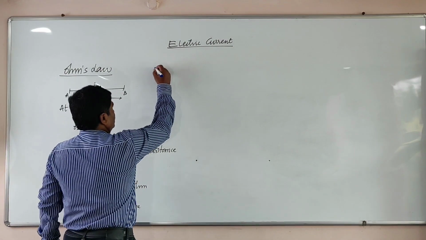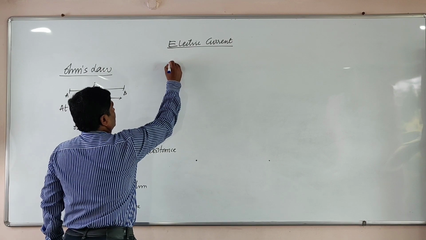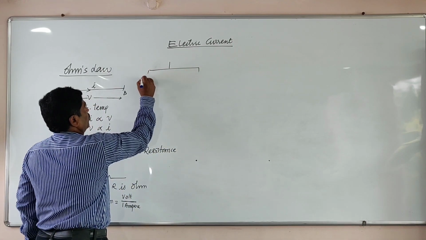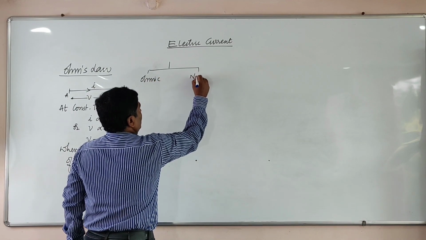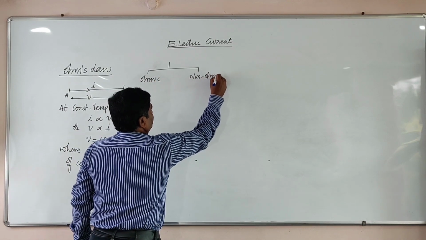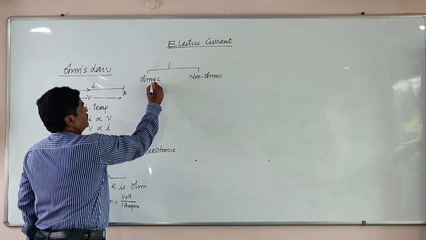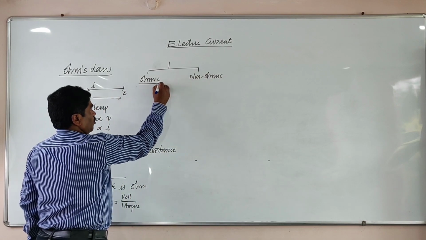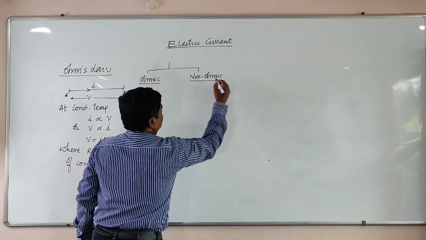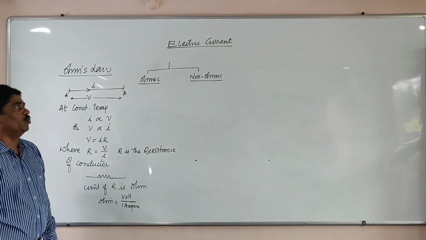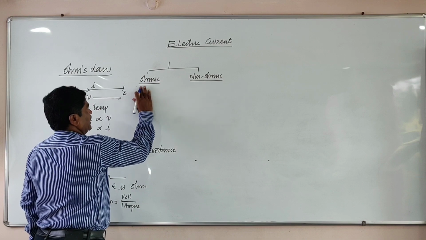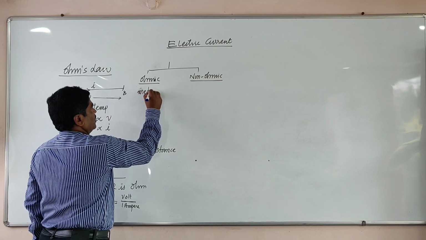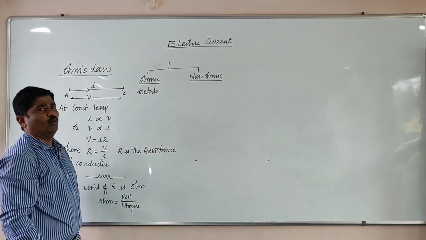So with respect to Ohm's law, conductors can be defined as ohmic conductors and non-ohmic conductors, depending on whether they obey Ohm's law. All metals are ohmic conductors.